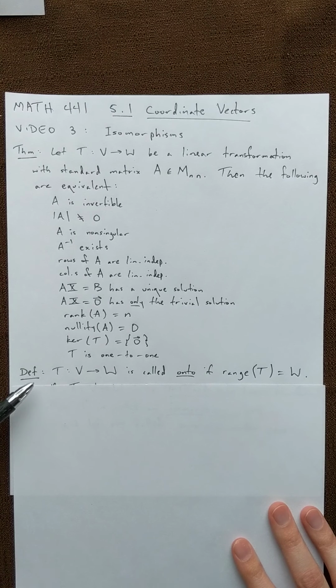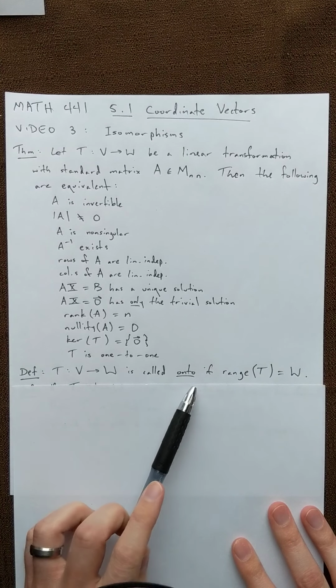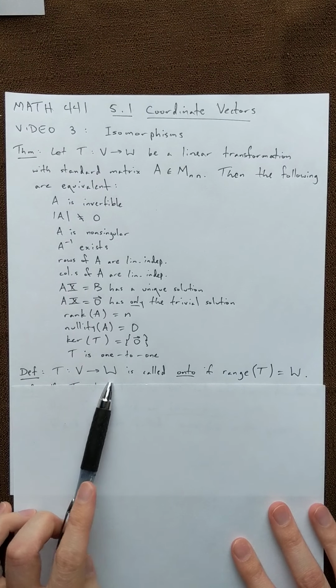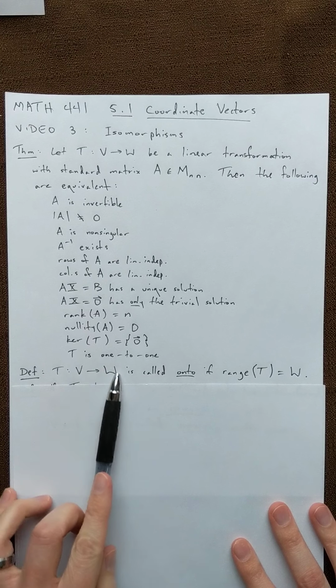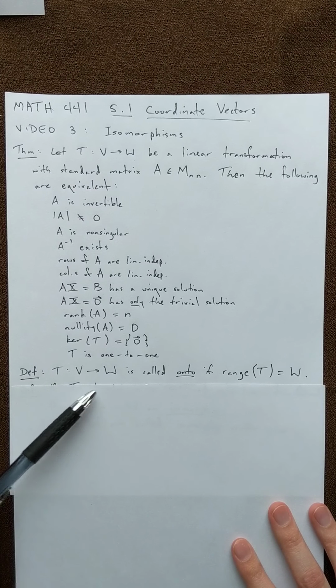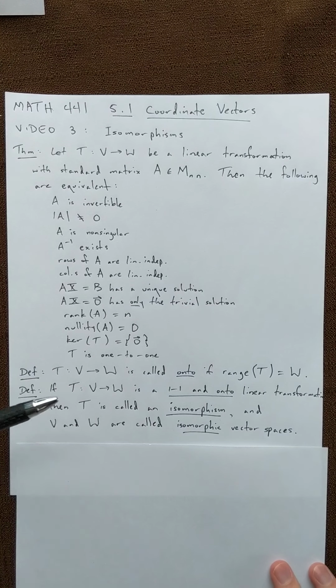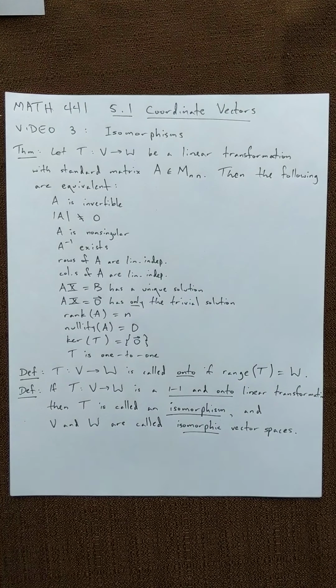Okay. So a linear transformation is called onto if the range is equal to the space on the right. So everything in the output space is T of some vector from the starting space. Okay, so now we can define what's an isomorphism. An isomorphism is a linear transformation that has both of these properties. It's 1 to 1 and it's onto.